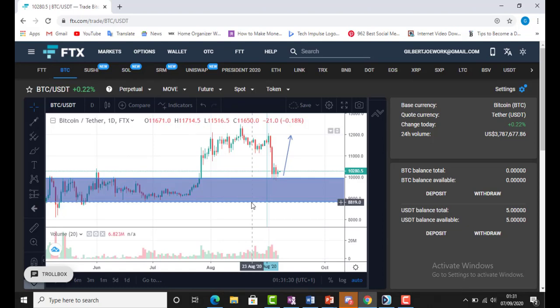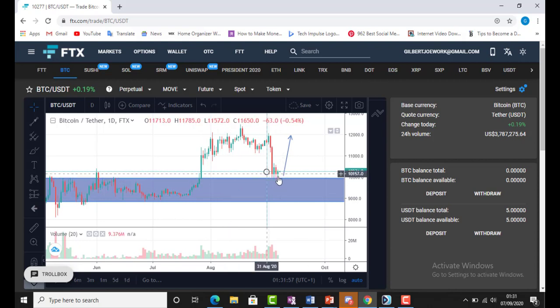Okay, looking at this chart, we have the BTC USDT chart. So what we want to do is identify our risks. If you look, the market fell off from this point, it got broken, and we had to test this old support.